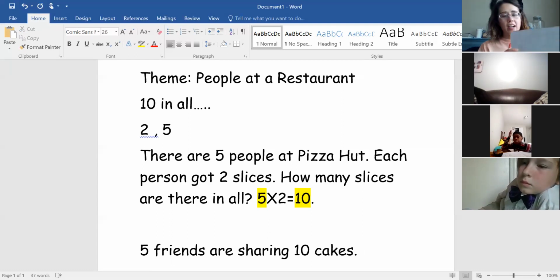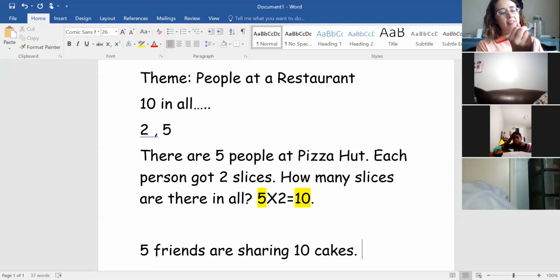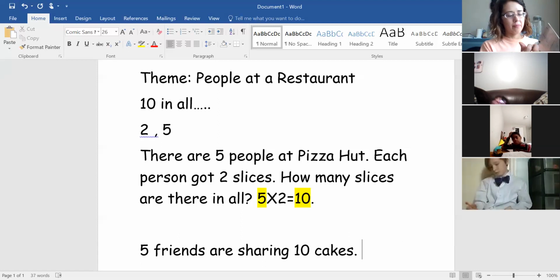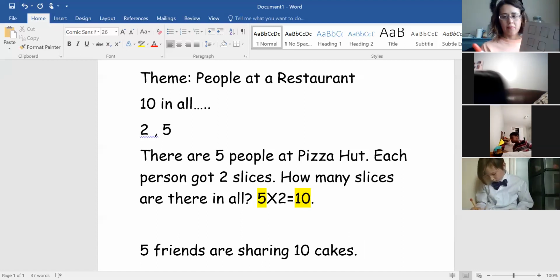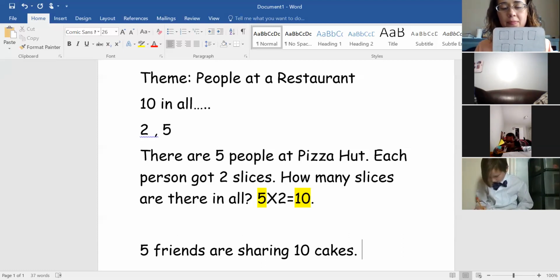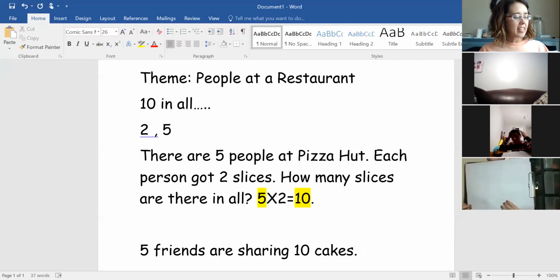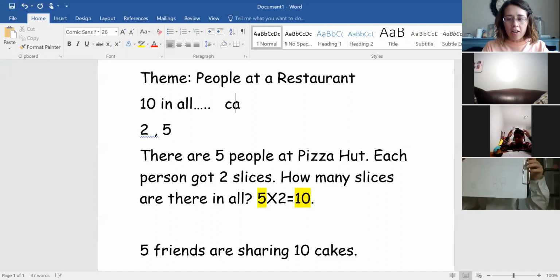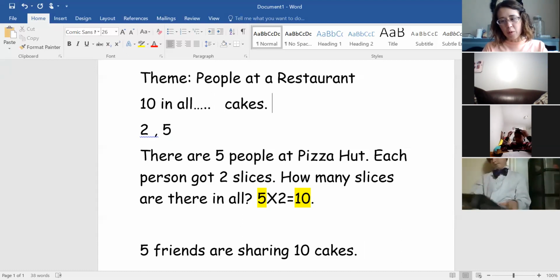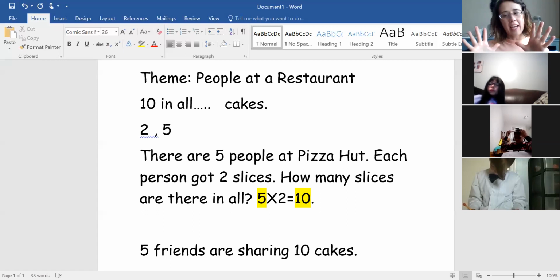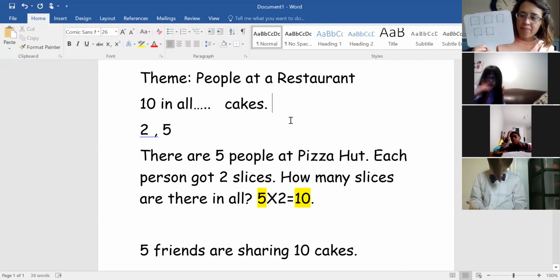So can everyone draw 5 squares, because let's make our cakes squares. No, I said that backwards. 5 squares are for 5 what? Friends. And there still are 10 in all, but the 10 in all are the cakes. So we learned that we wouldn't want to start with 10 friends in all, because that would be fraction dividing, but 10 cakes in all will be okay.